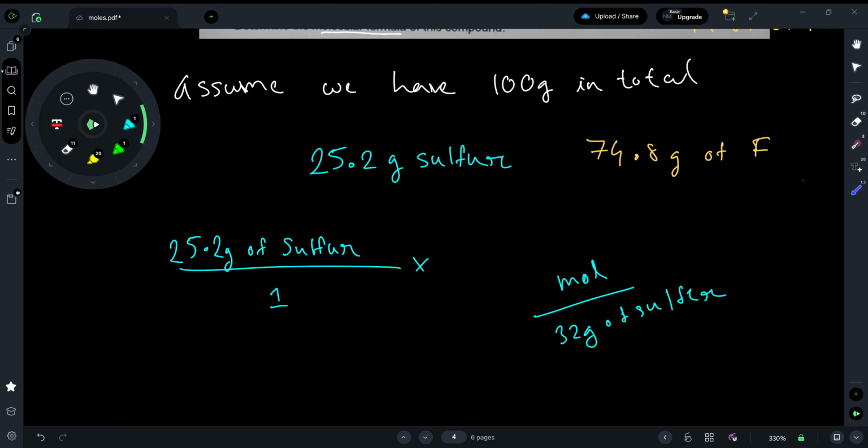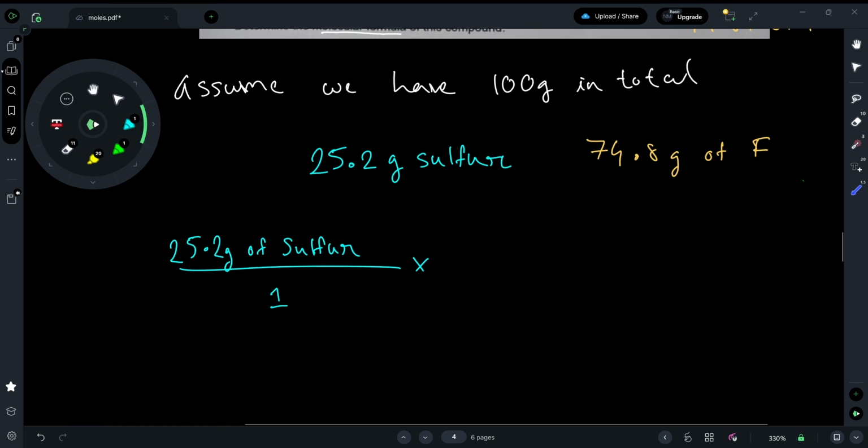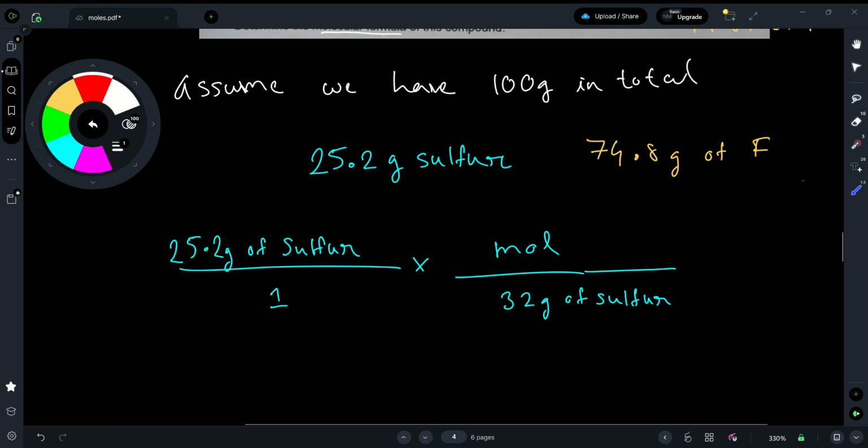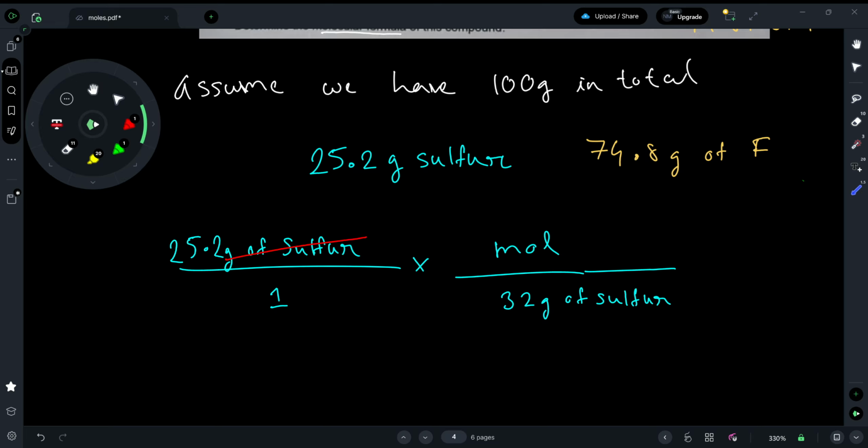Now we're going to write it like this, and I'll show you why in a second. What this essentially allows us to do is, per mole, we have 32 grams of sulfur. So now this allows us to cancel in our calculation. You can see grams of sulfur here, cut this, grams of sulfur here. We can cancel from the top and bottom of different fractions when we're multiplying them.